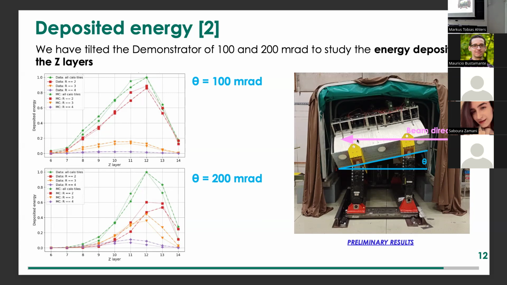Instead, with 200 millirad, we have the shower development in the first two radial layers, and also in different Z positions there is the peak. So we can also discriminate maybe with this other technique our signal from our background.